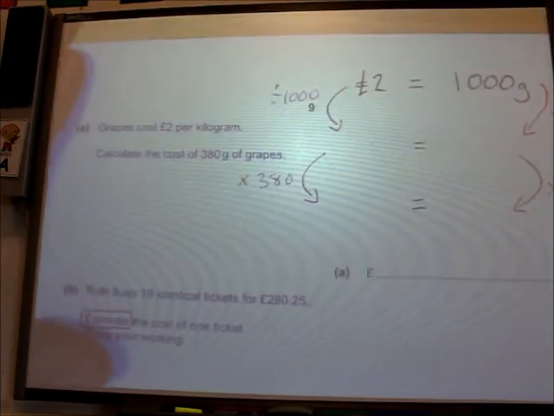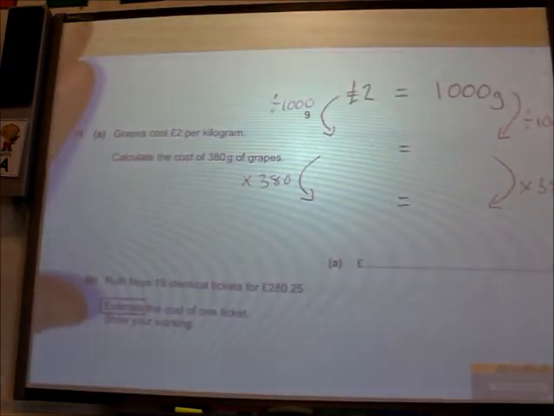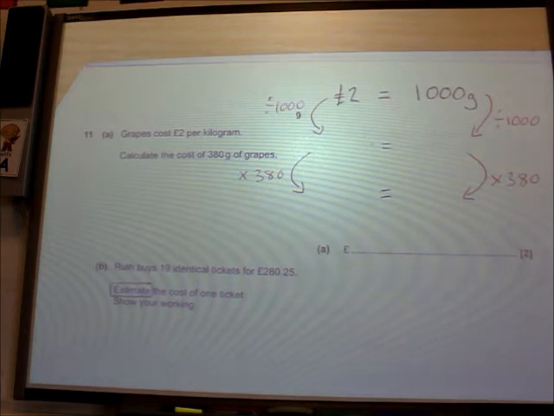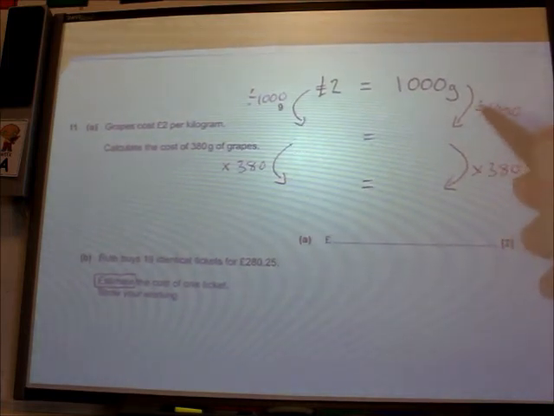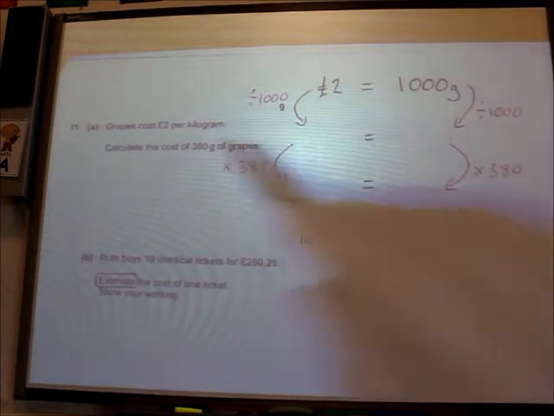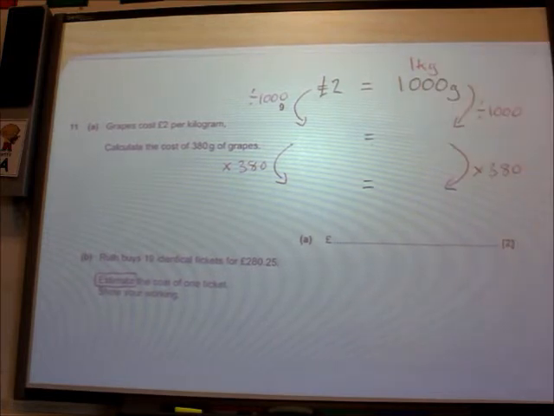Question number 11. Grapes cost £2 per kilogram. Calculate the cost of 380 grams. Right, what I've done is I've found the cost per gram. So you need to know that 1 kilogram is 1,000 grams.